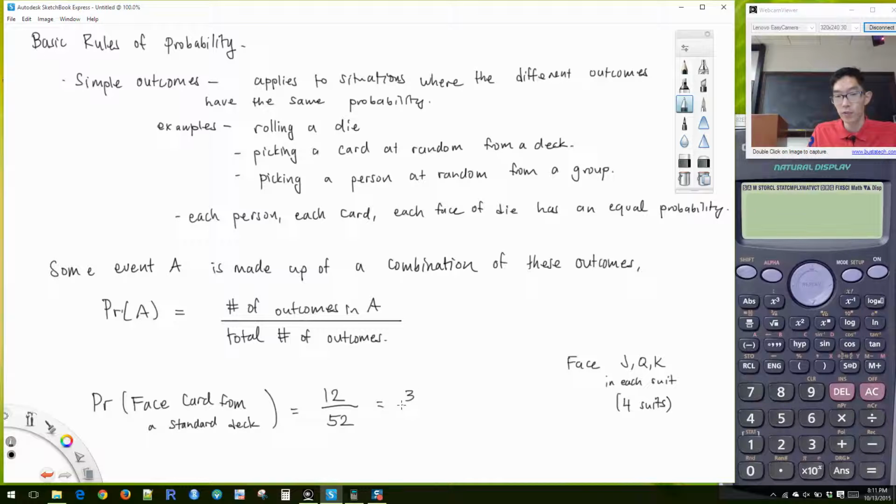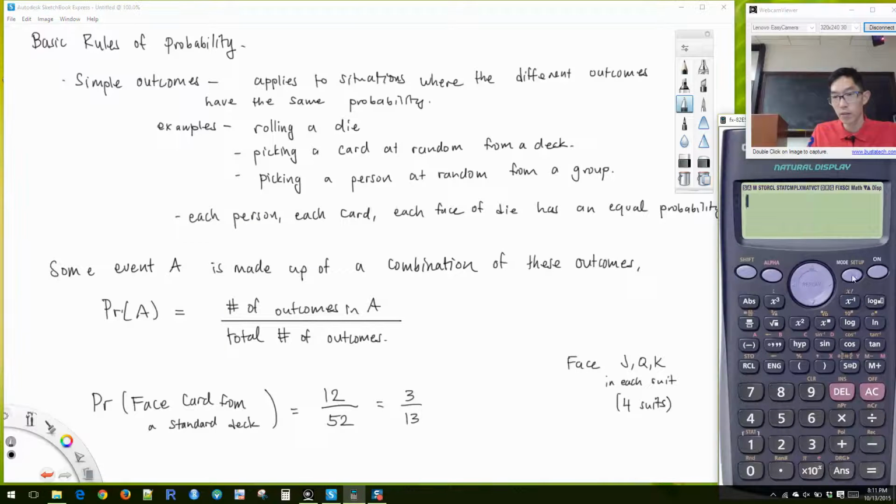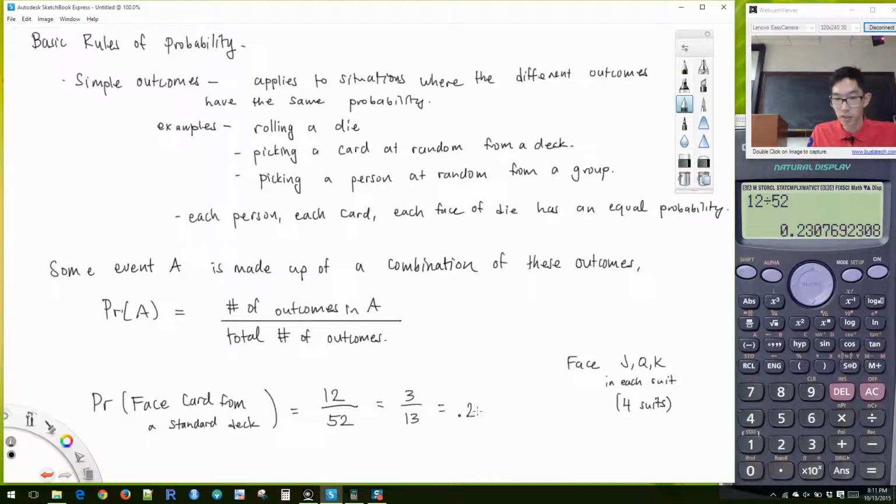This simplifies to 3 out of 13, or 12 out of 52, 0.2308. Is this okay?